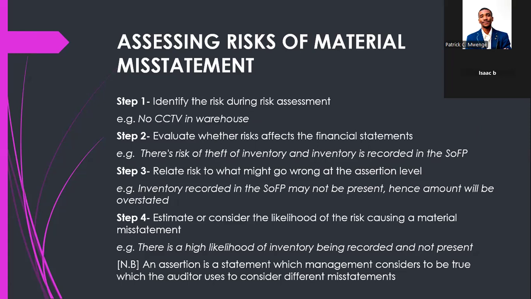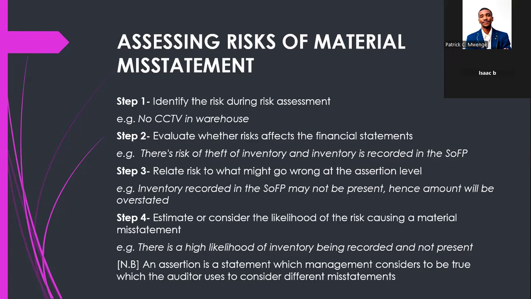Okay, yeah. So assessing risk of material misstatement. So this is in the practical industry of auditing. So one, you identify the risks during risk assessment. So an example, we have identified that the particular client we are auditing, say it's a warehouse, there's no CCTV. So that's the risk that we've observed, right?